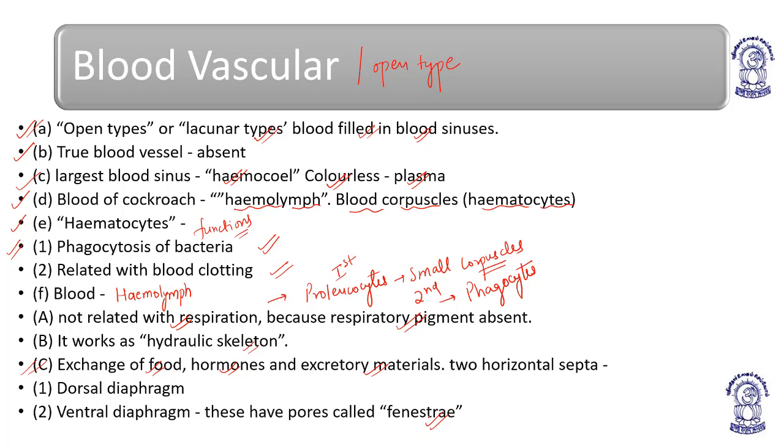It works as a hydraulic skeleton. It is divided by two horizontal septae, dorsal diaphragm and ventral diaphragm. Ventral diaphragm has ports known as what? Fenestrae. There is a presence of a non-reducing sugar known as what?